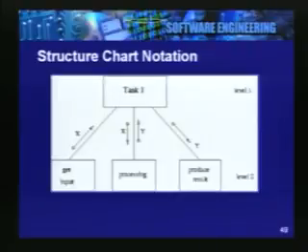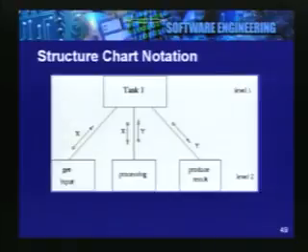You can see that there is a data item named X which is flowing from get input towards task 1. Basically, what it implies is that task 1 needs this X and it has given this responsibility to the get input module.